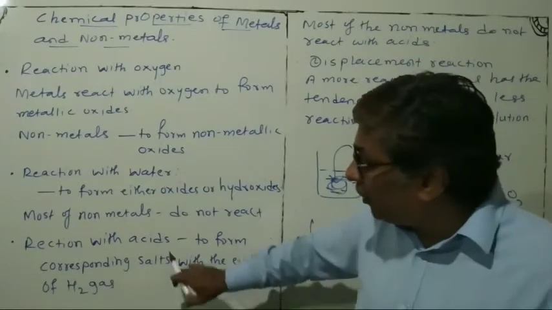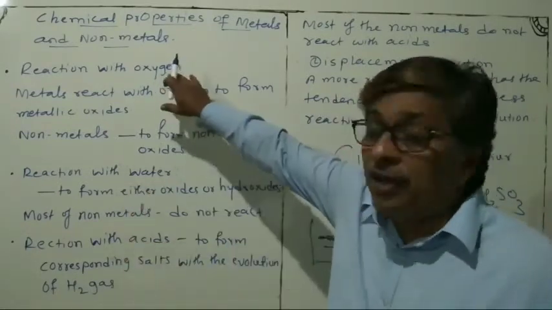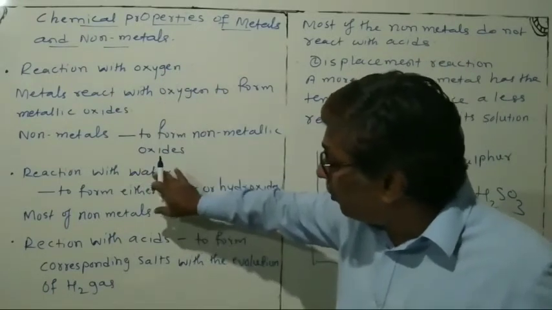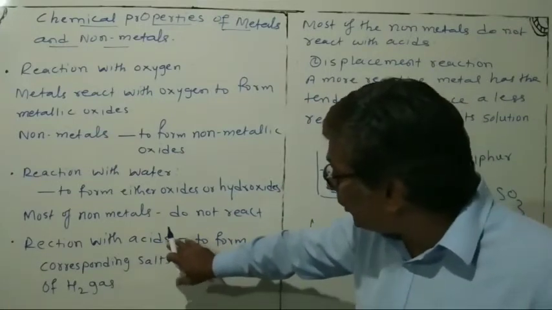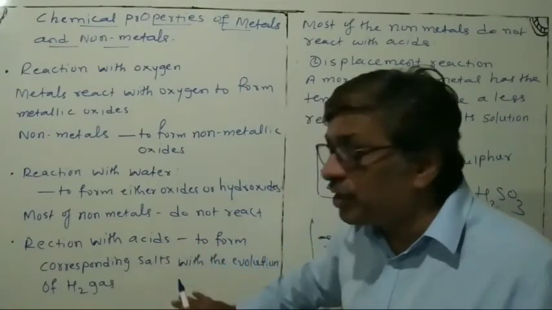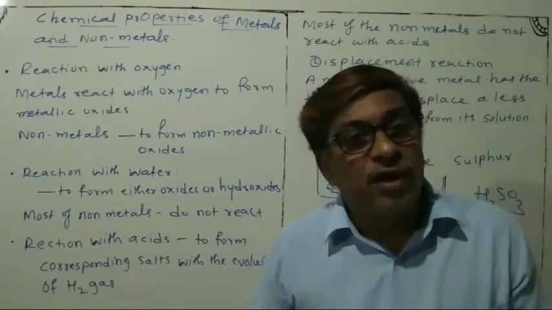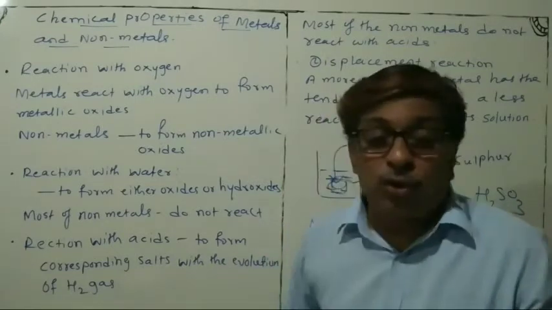Now, the third property is reaction with acids. We have completed reaction with oxygen, reaction with water, and now reaction with acids. Usually, metals react with acid to form corresponding salts, for example magnesium salts, with the evolution of hydrogen gas.